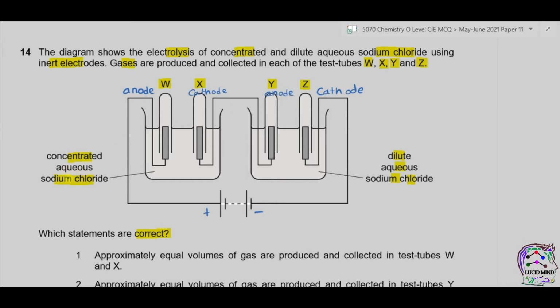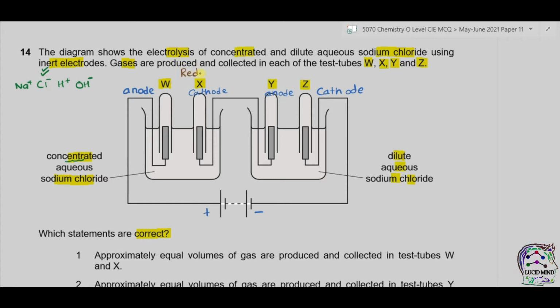We have concentrated aqueous sodium chloride, so we can write the ions present. We have Na positive, Cl negative. We also have water, so therefore H positive and OH negative are also present. As the solution is concentrated, the number of negative chloride ions will be quite high as compared to OH negative. First reaction is at anode and second at cathode.